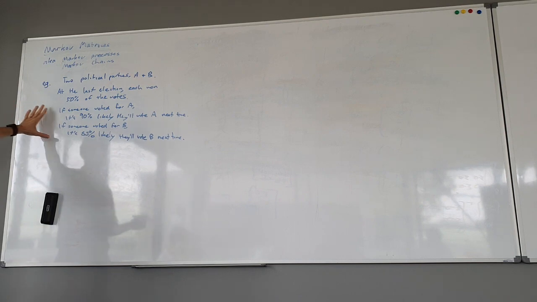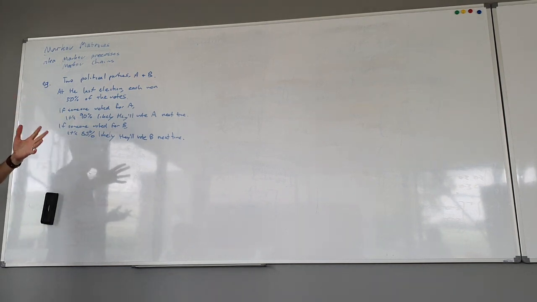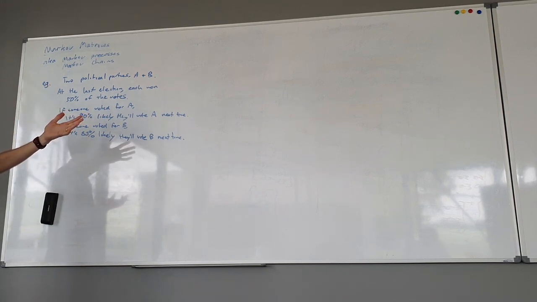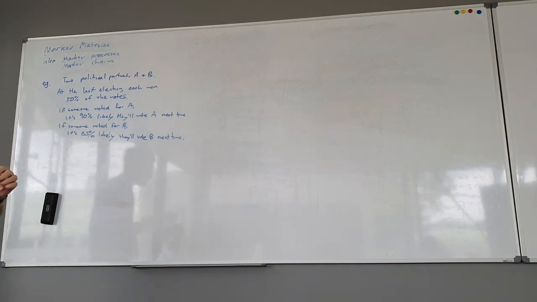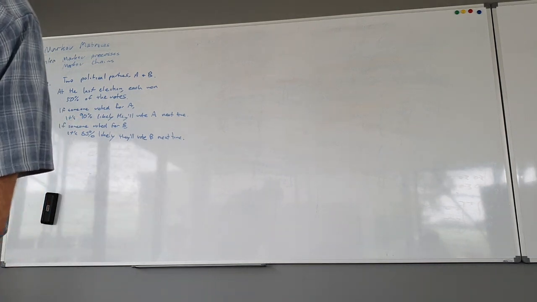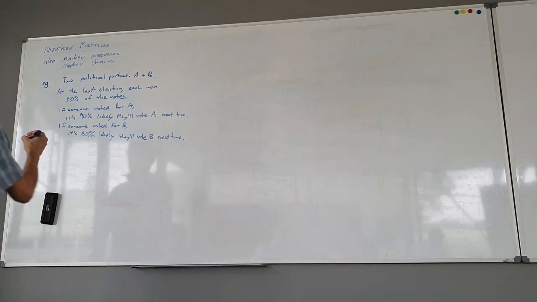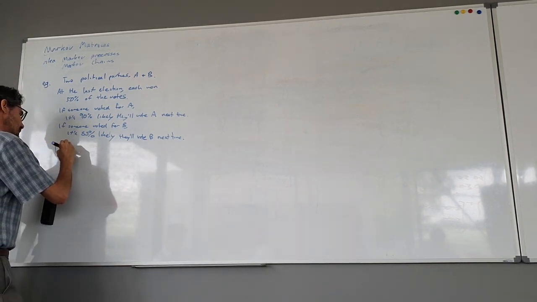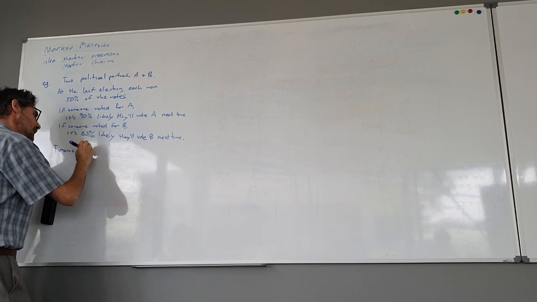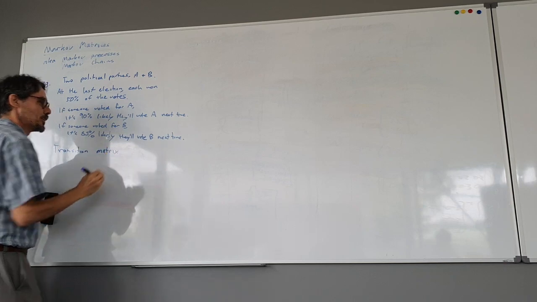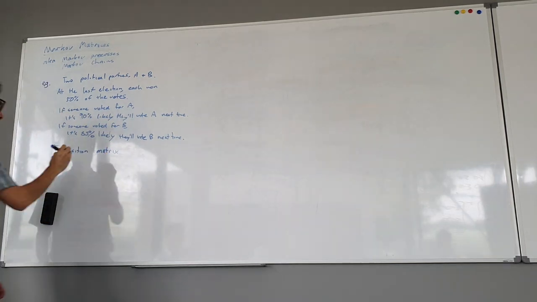So this is the kind of information you'll get for a Markov process. Given you're in this state, what's the chance of going to this state or the other state next? So what I'm going to do is make a transition matrix, using the same kind of matrix multiplication we have done many times already.